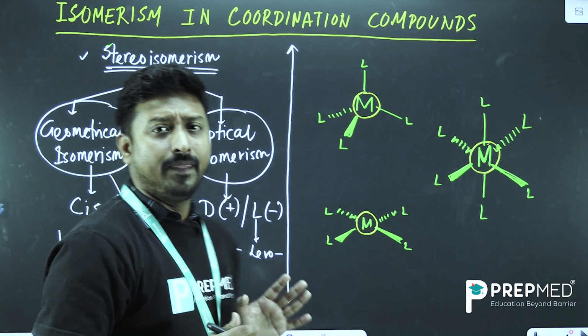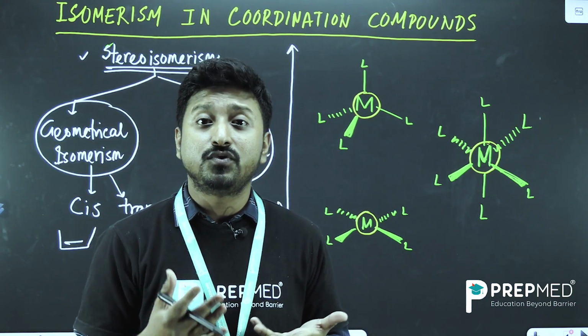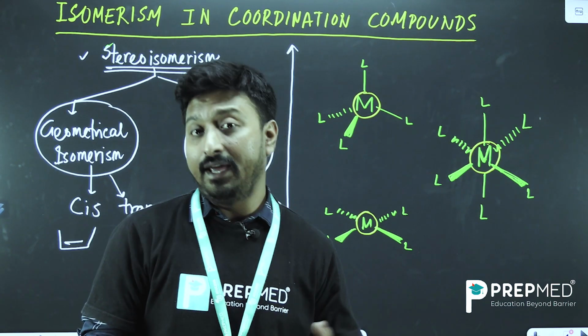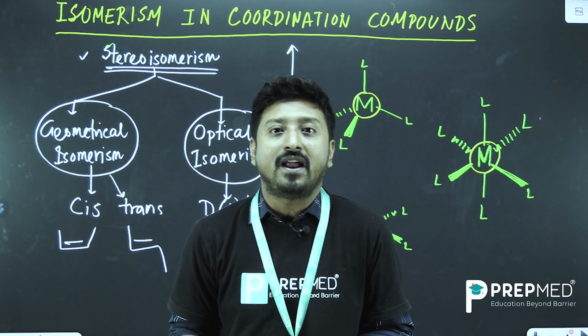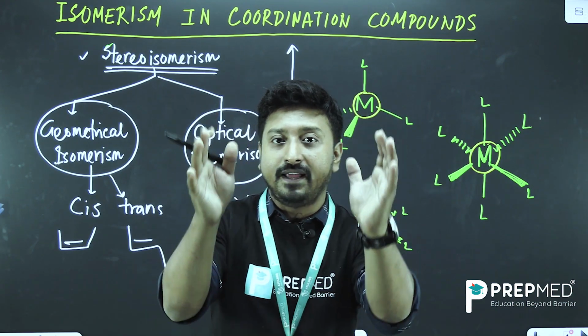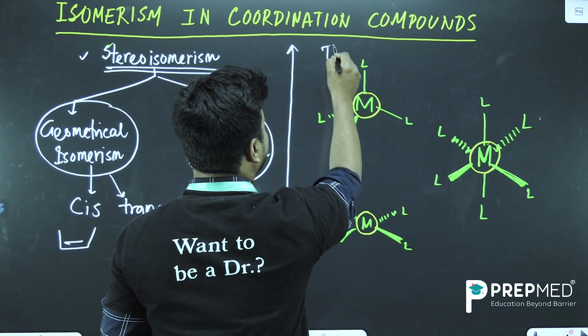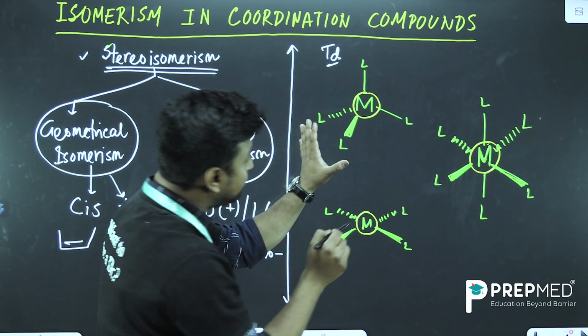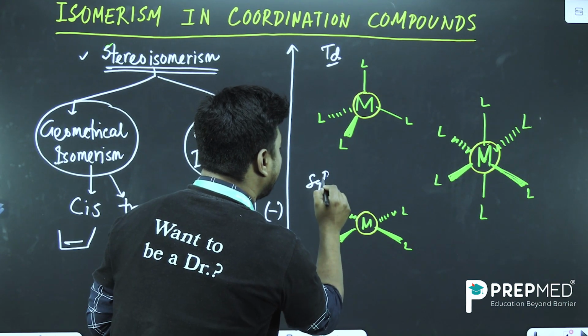Fine. Now see, when we talk about coordination complexes, the complexes usually are ML2, ML4 and ML6, right? So when we say ML4 and ML6, the first thing that comes to mind is a tetrahedral complex, that is ML4 geometry. Another one is a square planar complex.